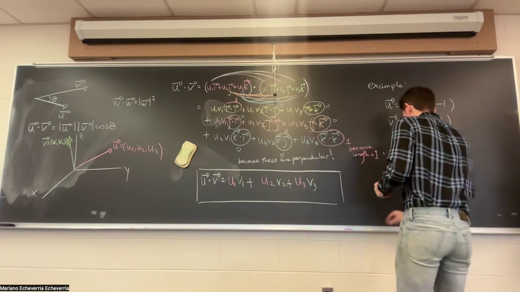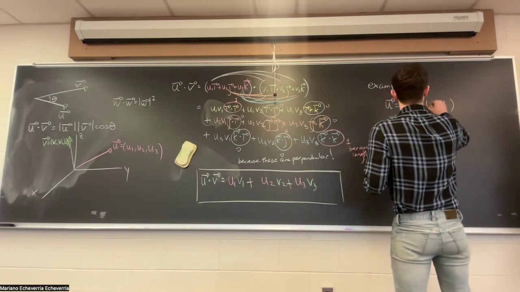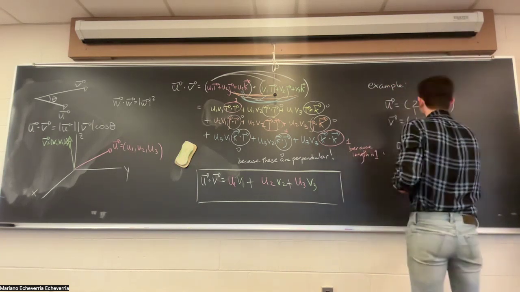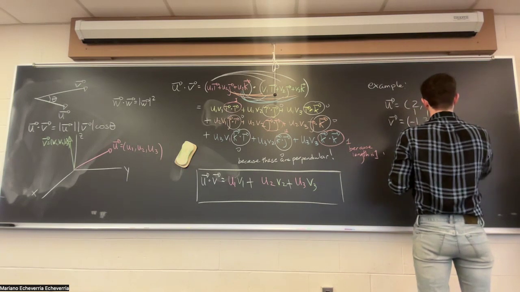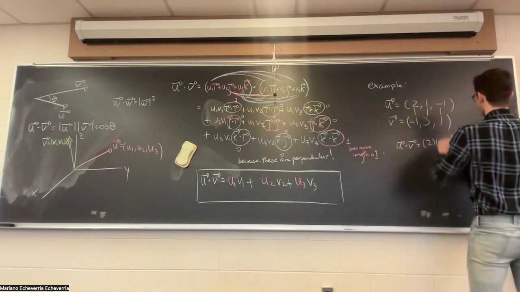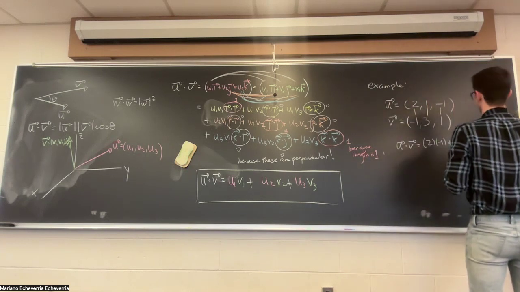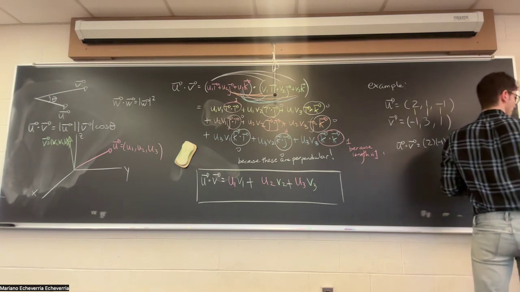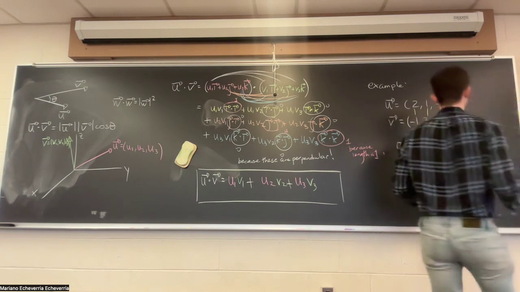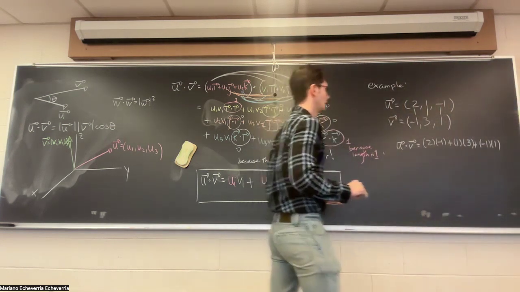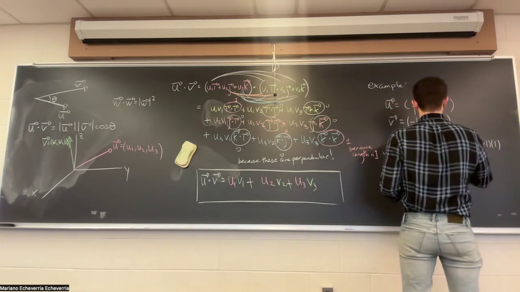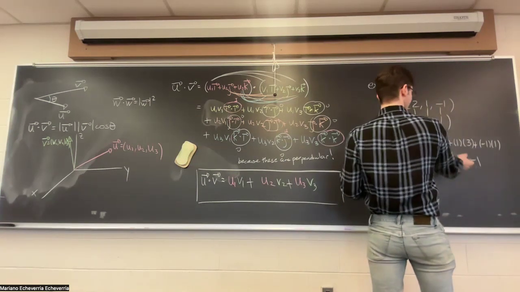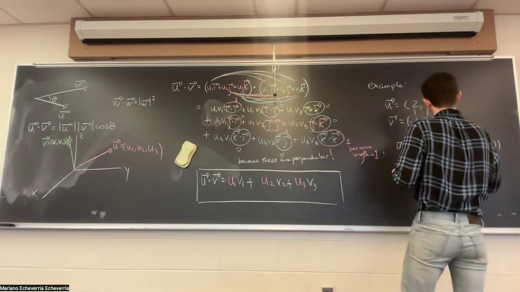If you write them this way, it's like a vertical multiplication, so you do 2 times -1 plus 1 times 3 plus -1 times 1, okay? Let's see if that gives me 1. So it's -2 plus 3 minus 1. Oh, that gives you 0, right?